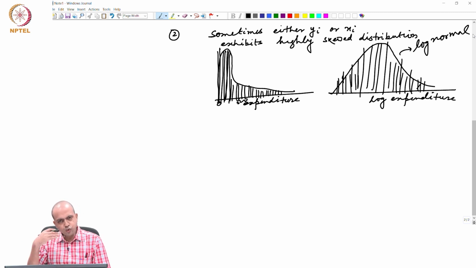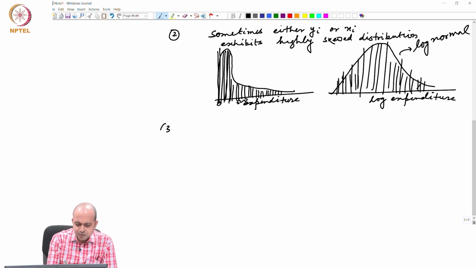So, what you do is transform the variable into logarithmic form, and the resultant distribution of the log transformed variable shows more or less a normal distribution, which is known as log normal distribution in the literature. So, these are mainly the two reasons for which we can transform either the dependent or independent variable into log.